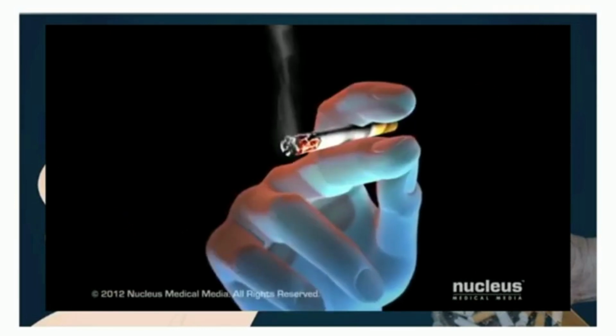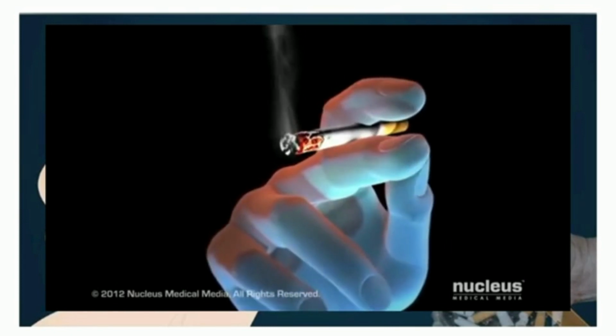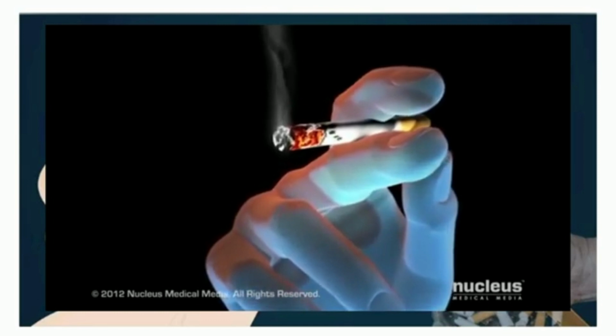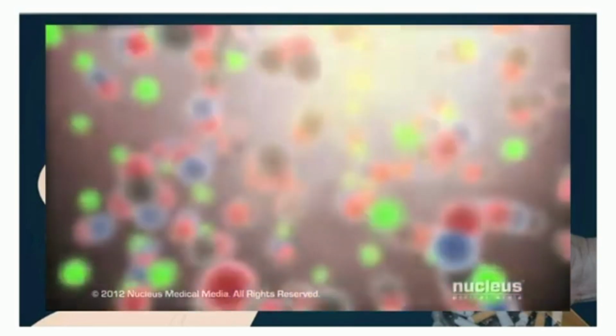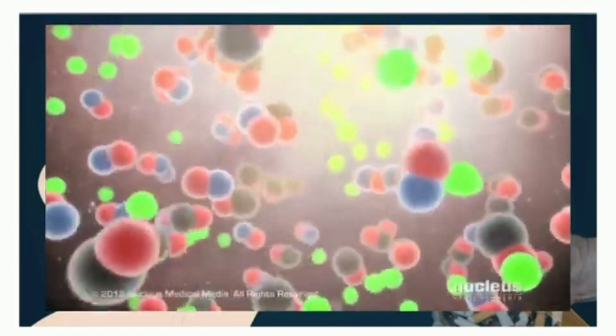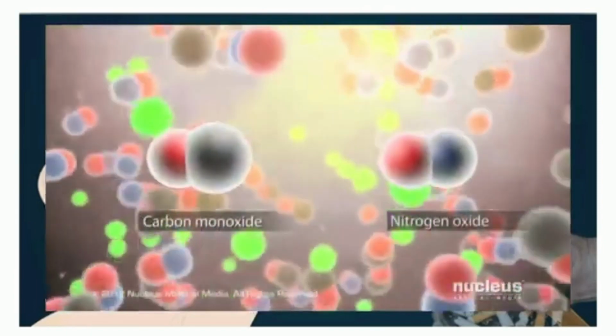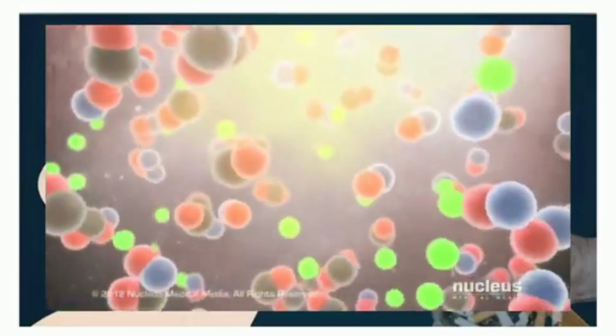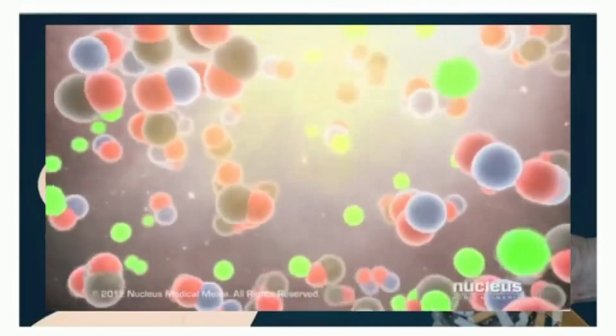As the tobacco and compounds burn, they release thousands of dangerous chemicals, including over 40 known to cause cancer. Cigarette smoke contains the poisonous gases carbon monoxide and nitrogen oxide, as well as trace amounts of cancer-causing radioactive particles.